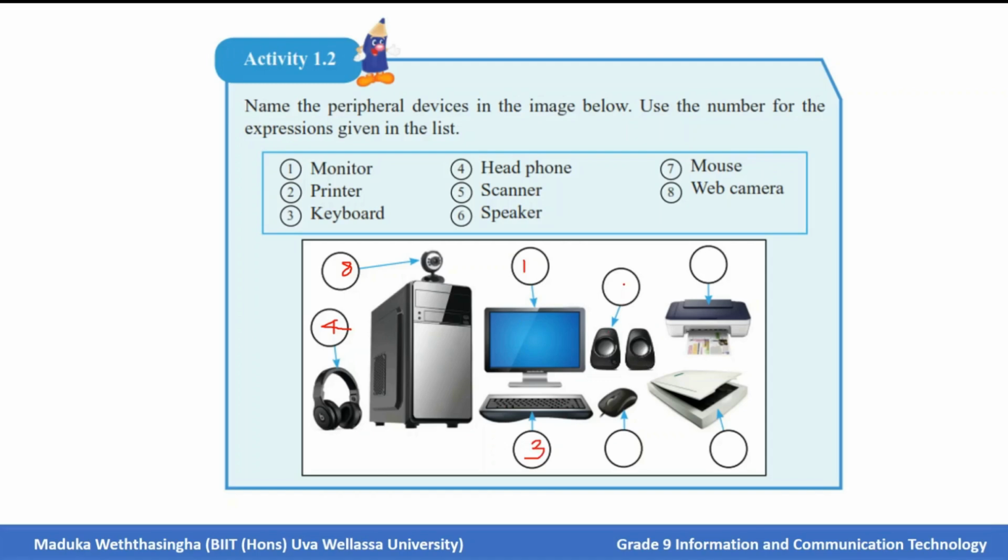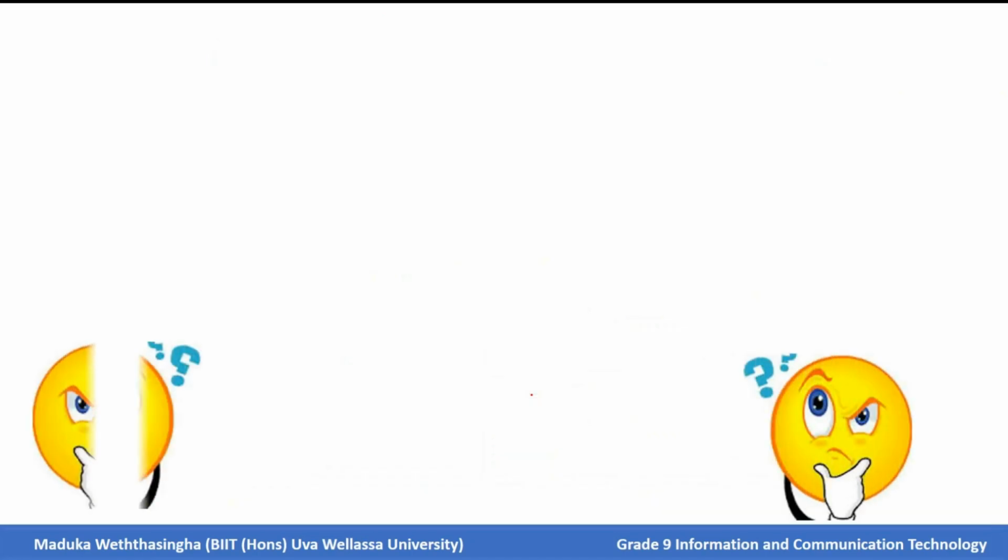Speakers, number 6. Mouse, number 7. Printer, number 2. And this is scanner. Right. Now you all know how to identify peripheral devices.